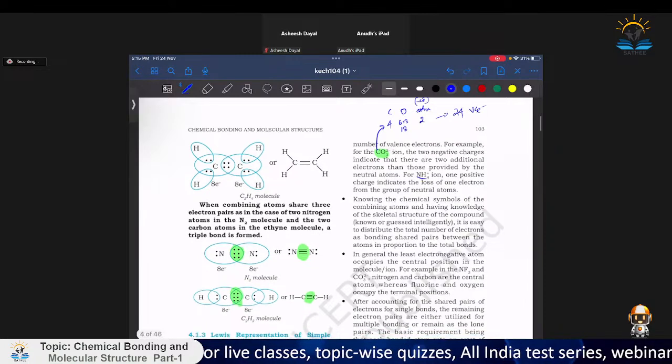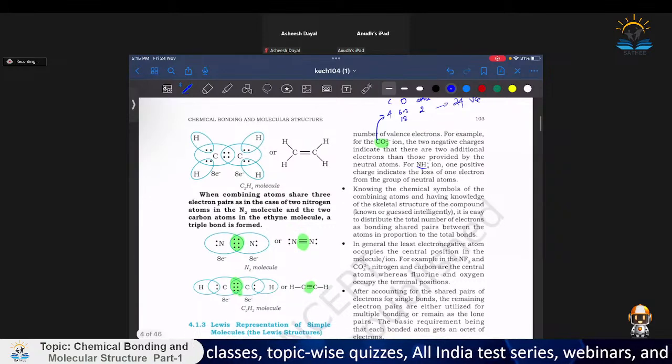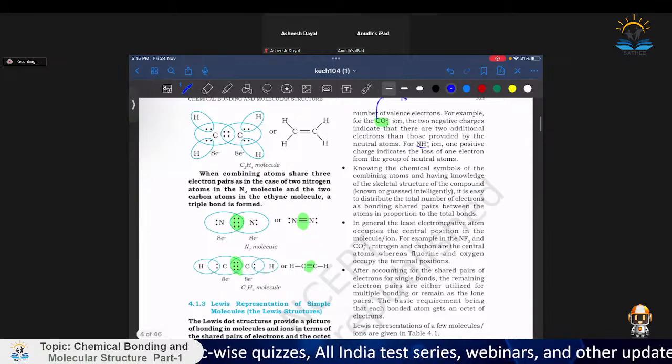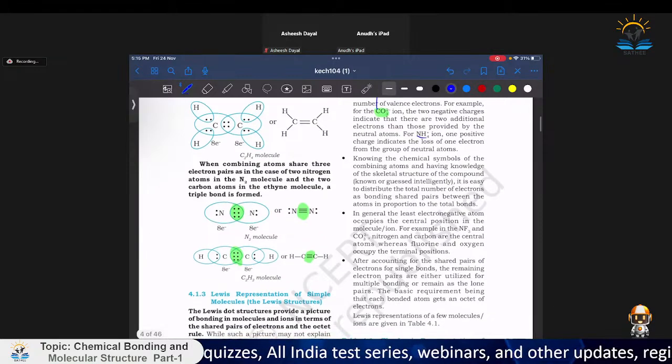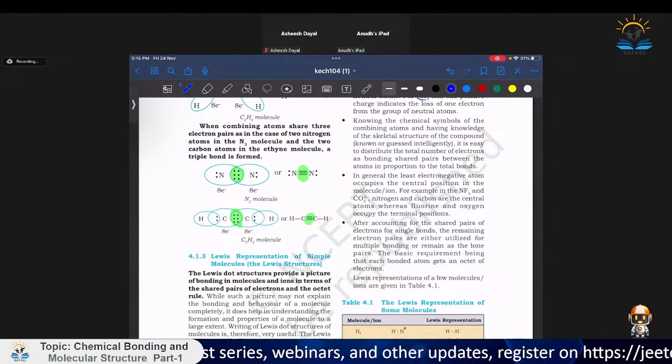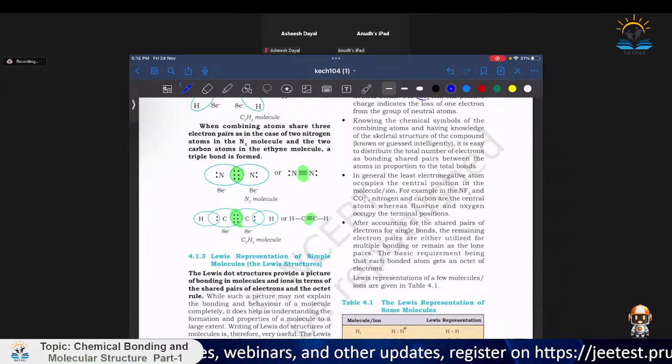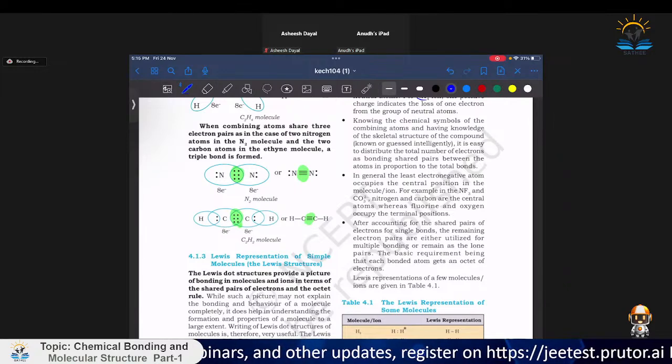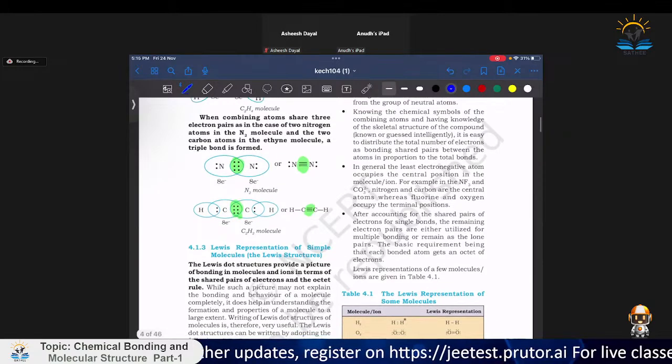Did you understand this point? Let's move forward. Knowing the chemical symbols of the combining atoms and having knowledge of the skeletal structure of the compound, known or guessed intelligently, it is easy to distribute the total number of electrons as bonded shared pairs between the atoms in proportion to total bonds. We'll see this while making bonds.